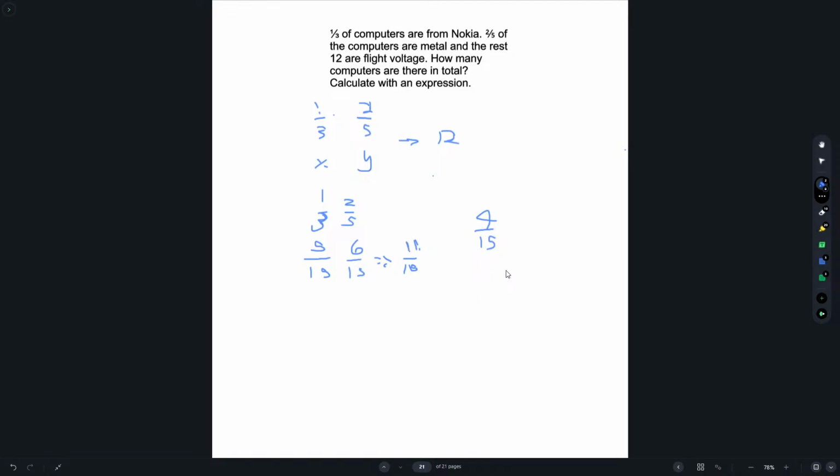Okay. 3 would be 1 out of the 15. So then we just multiply by 15. That would be 45. There are 45 computers in total. Is that correct? Because if 12 goes to 4 over 15, then 3 must go to 1 over 15?